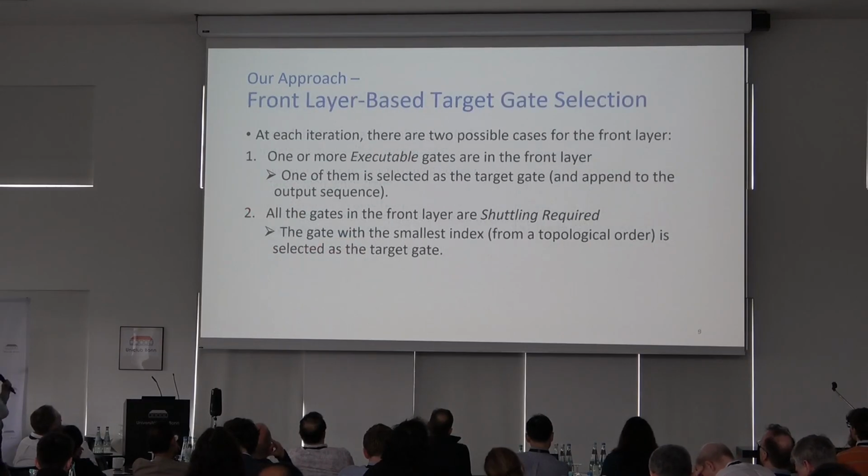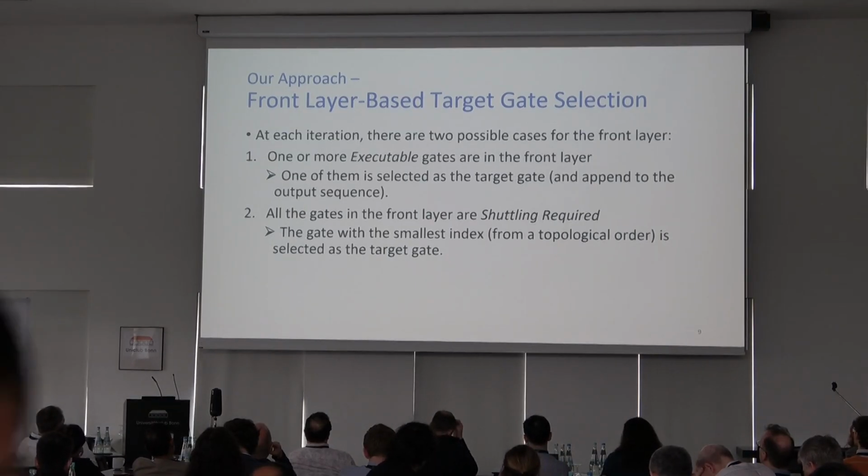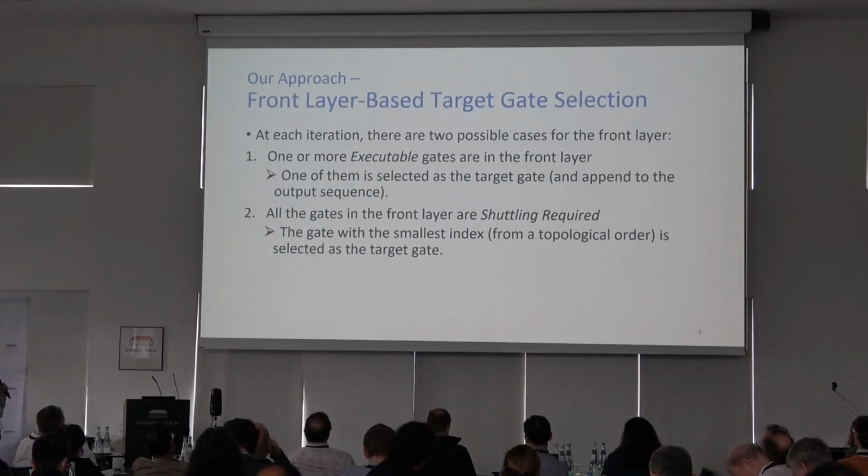For the front layer, there are two possible cases to consider. The first one is that one or more executable gates are in the front layer. In this case, one of the gates can be selected as the target gate. And since it doesn't need any shuttling, we can append this gate to the output sequence.